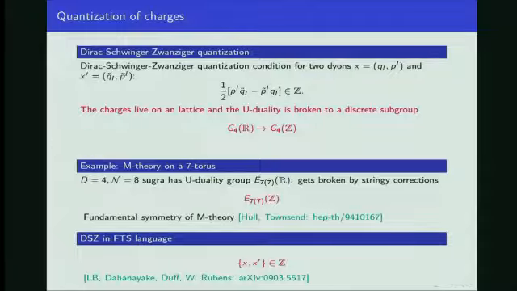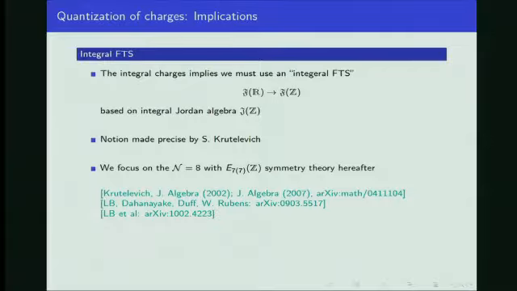Now that makes things more subtle for our Freudenthal duality, because if we start with a black hole whose charges are integers, we want to transform to another black hole whose charges are also integers. And that won't generically be the case. It will only be true for a subset of possible black holes.